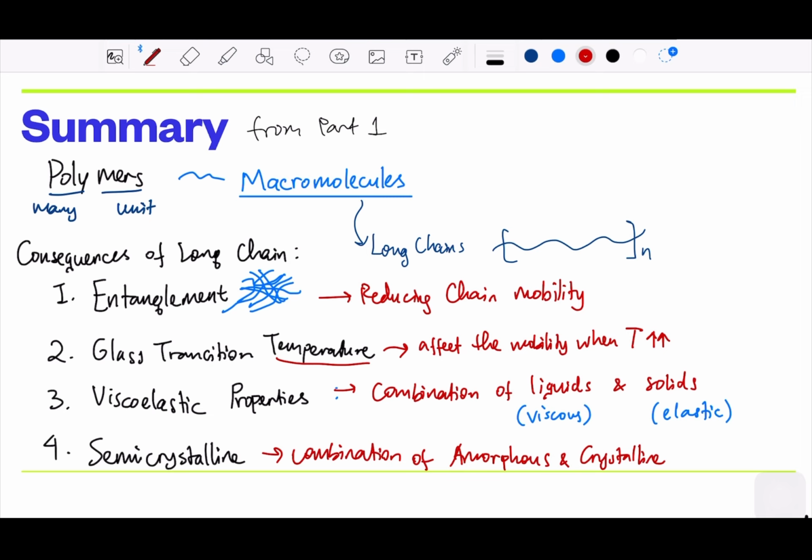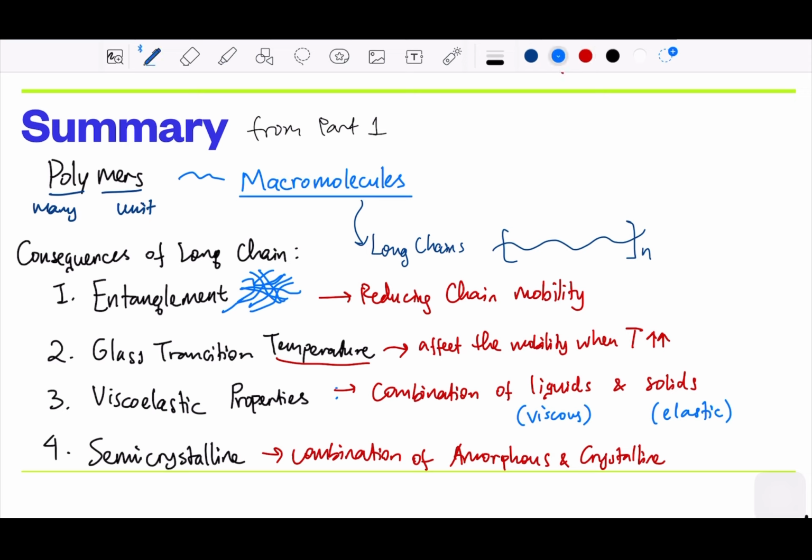So the way we make our polymers, if you want to make it more rubbery, then we need to make a lot of space that is amorphous. If you want to make it rigid, then we need to make the crystalline region larger.